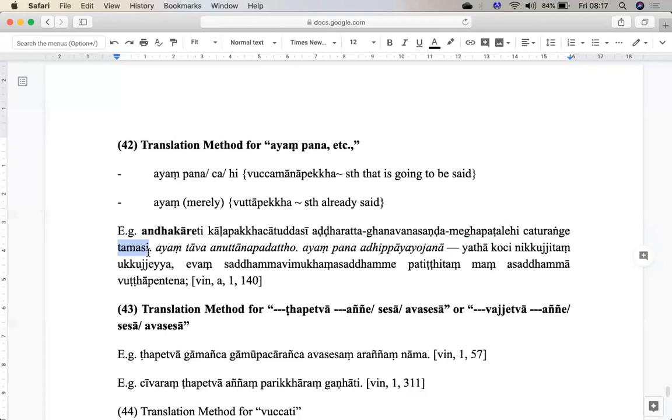So why too dark there? Because of the waning day, waning night, and also addharatte. So the time is at midnight, and also the place is kanana vanasande in the deep forest, and also the situation or season or the weather. So at night, the sky full of clouds. So that is too dark. Okay, that is just for the extra explanation.